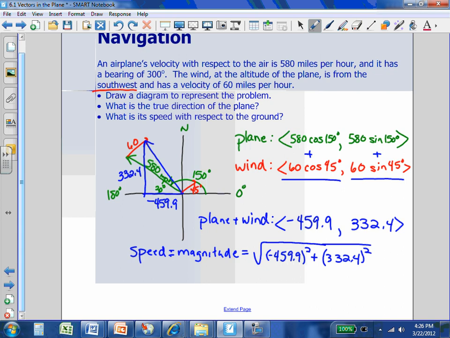And that will get us to about 567.4 miles per hour, which means that it seems like it's going a little bit slower to us on the ground than it actually is. It was actually going 580. So it's being slowed down by the wind a little bit.